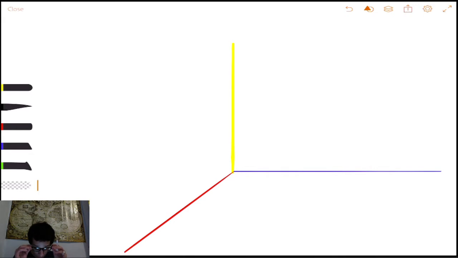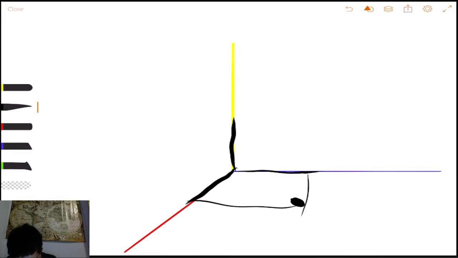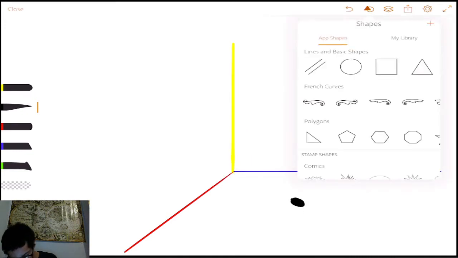The first thing I want to state is I want you to think of these as axes in your mind, because that's sort of what they are, in the sense that any position in this space is going to be represented by a certain quantity on this axis, given by a certain quantity on this axis, given by a certain quantity on that axis, to get to that point. So that point is a combination of some quantity along each of the three axes. And that's going to be important.